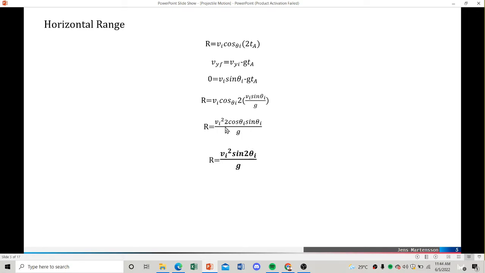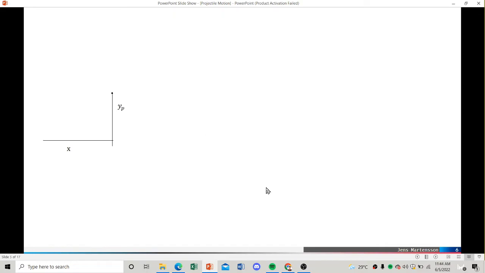Okay? We know the trigonometric identity that 2 cosine theta times sine theta is equal to sine 2 theta. So we have this simplified equation for calculating the horizontal range: r is equal to vi squared sine 2 theta over g. So that is our formula for horizontal range.